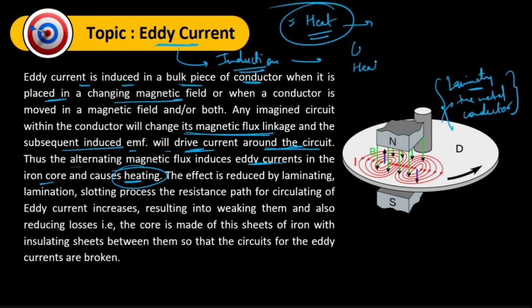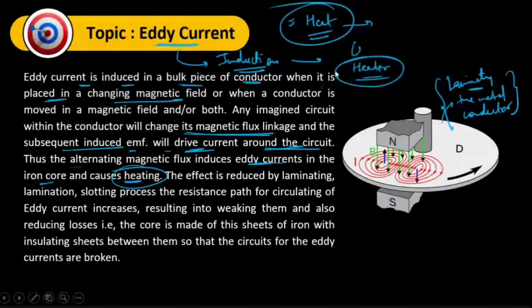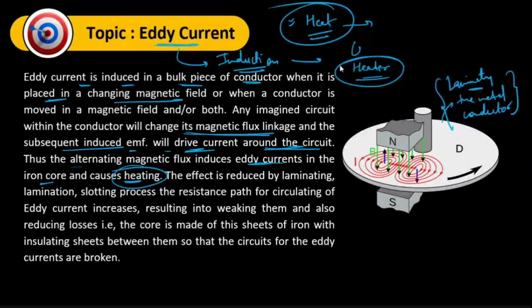Those heaters also work on the same principle of eddy current. We are converting electrical energy into heat energy. So we do use it to produce heat, but most of the time this is disadvantageous to us, so we always try to reduce it because it causes a lot of energy loss.